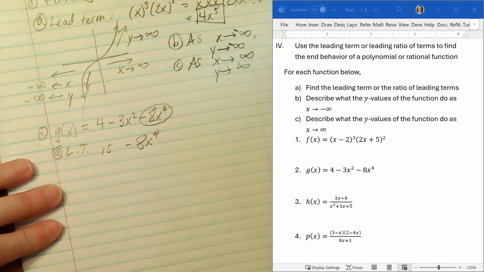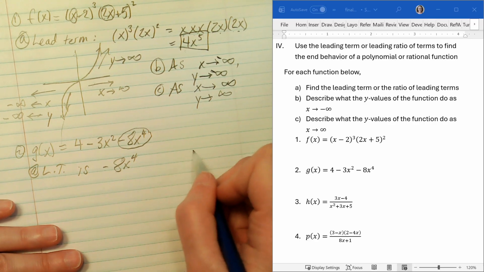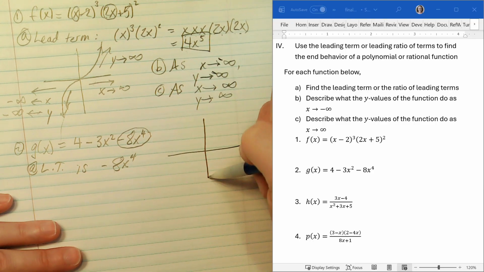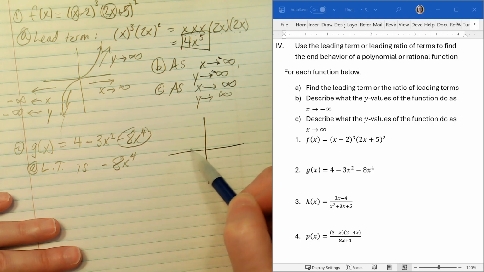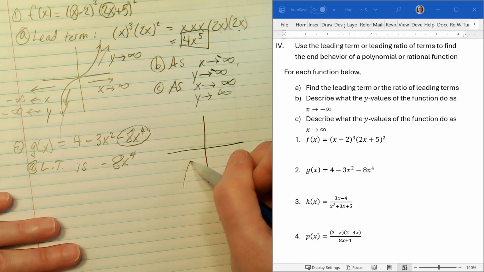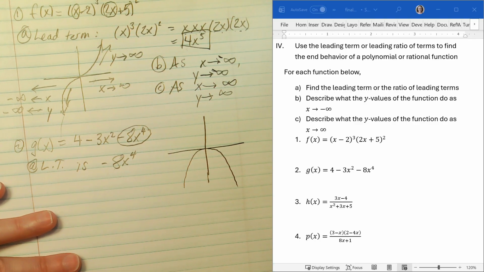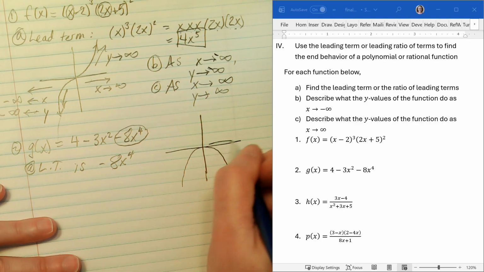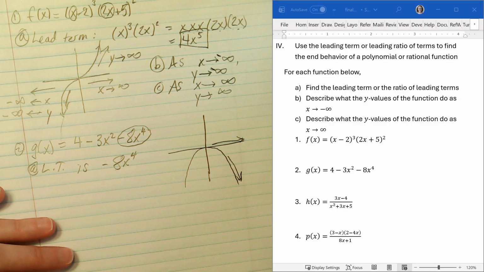So you need to know all your basic power function graphs and also what being negative does to it. So x to the 4th normally looks kind of like a cup shape, but since it's negative, that means we've flipped it upside down. So it's going to be like this. As we go towards the right on the x-axis, the y values are going down towards negative infinity.